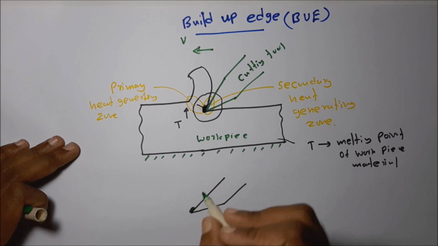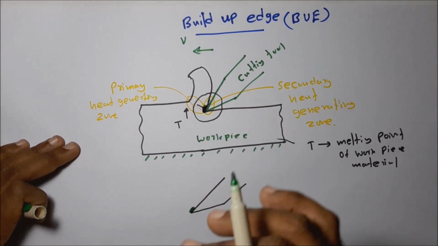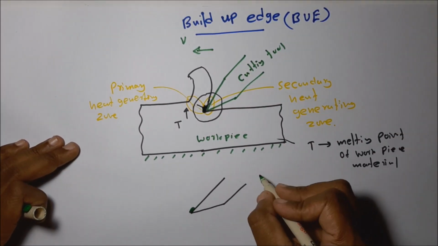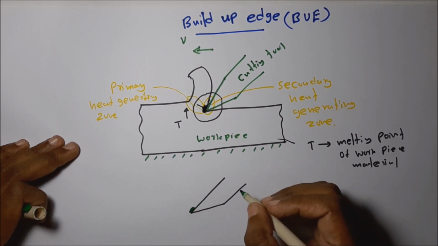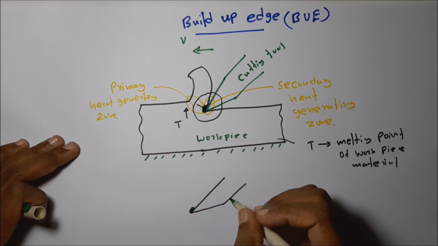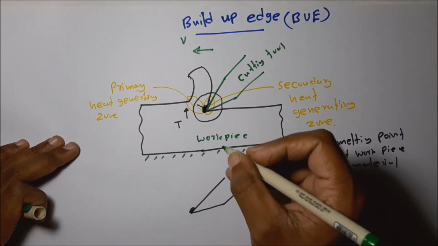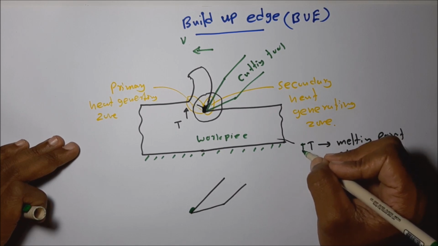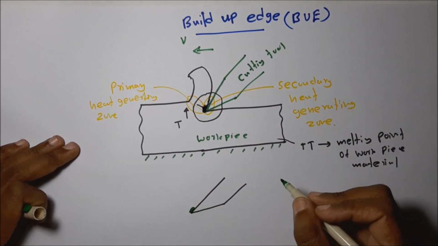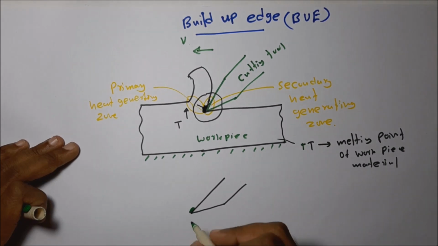Cutting with a blunt tool tip also accelerates heat generation. So the rate of temperature increase also increases. So more metal melts and more metal is deposited on this cutting tool.